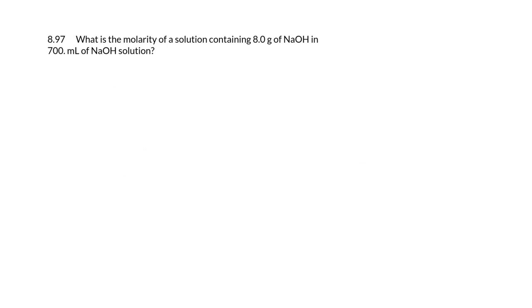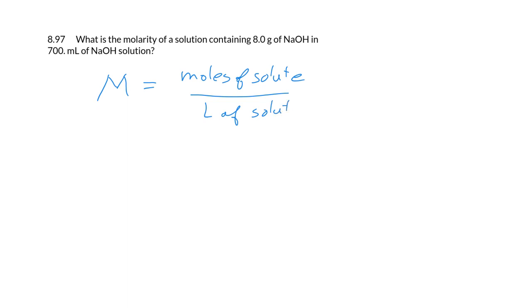897. What is the molarity of a solution that contains 8 grams of sodium hydroxide in 700 milliliters of solution? Remember, molarity, by definition, is moles of solute per liter of solution.